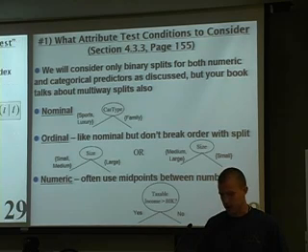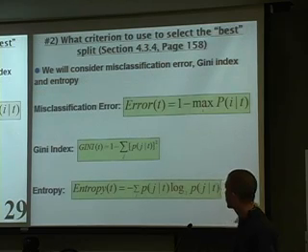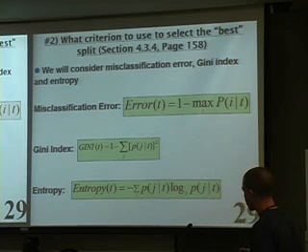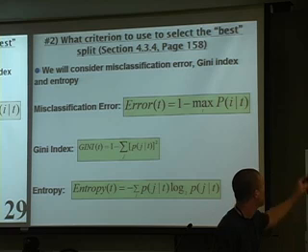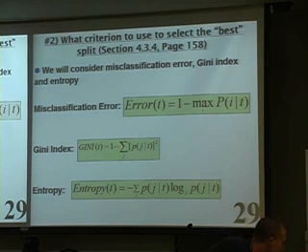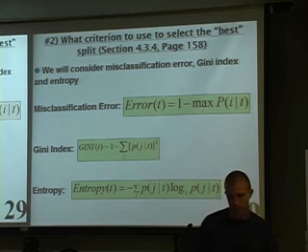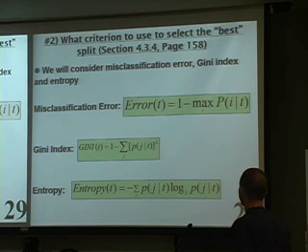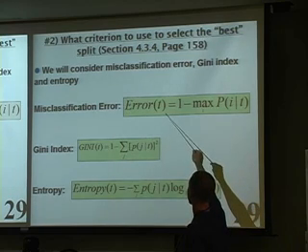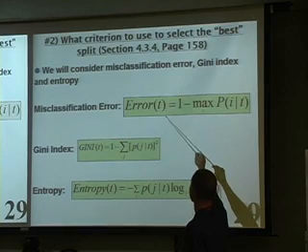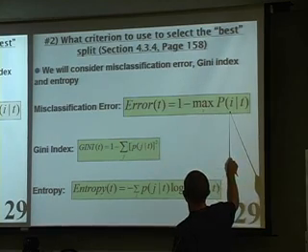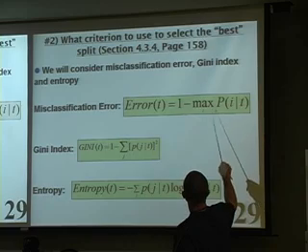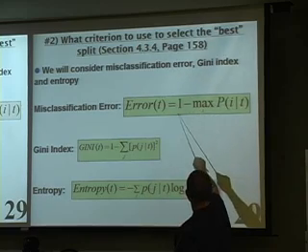Then the next question is, how do you measure how well your splits are doing, right? If I have to choose between splitting one way or another, how do I know which way is better? Well, the obvious thing you could look at is the misclassification error. Compare the two in terms of misclassification error. For example, this is a general form of it, but for two classes, if the majority class was 70%, then 1 minus 70%, you'd have 30% misclassification error.